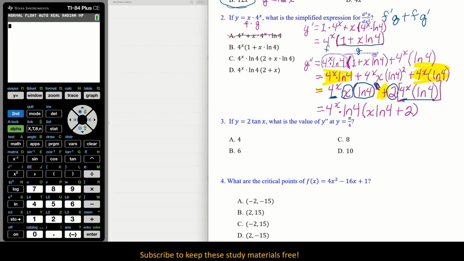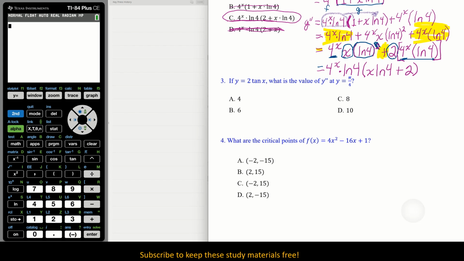Well, definitely not A. No, we have missing pieces in B. C, we have a 4 to the x, we have a ln 4, we have a 2 plus x ln 4. By the associative property, it doesn't matter which one's first, the 2 or the x ln 4. So C, I believe, would be the best fit. And we go to D, there are missing terms, so that will not satisfy. Has to be C.